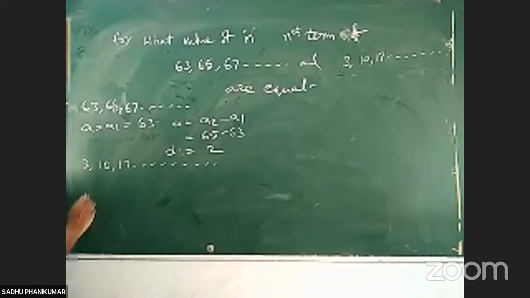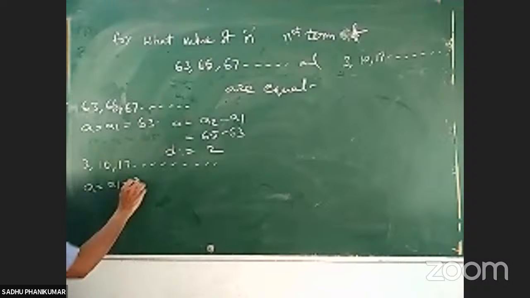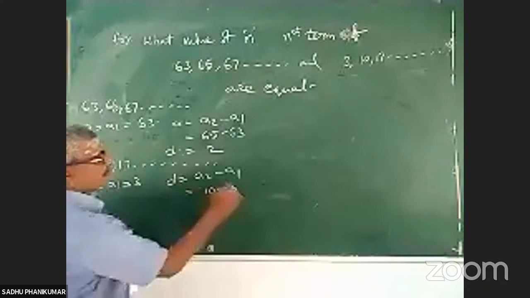A is equal to A1 is equal to the first term, 3. Next, D is equal to A2 minus A1, that is 10 minus 3, that is D is equal to 7.